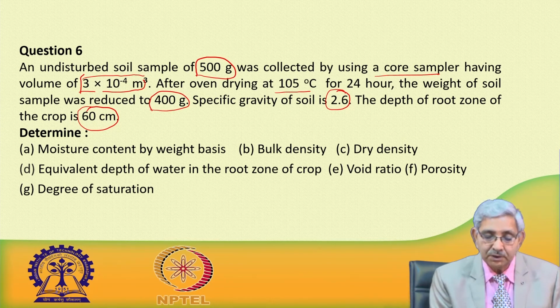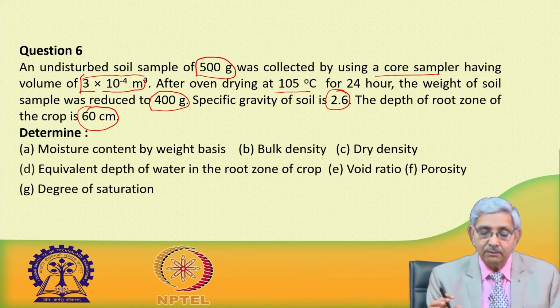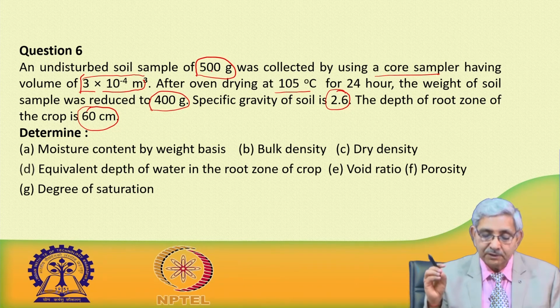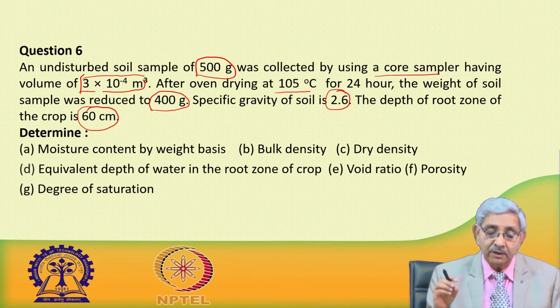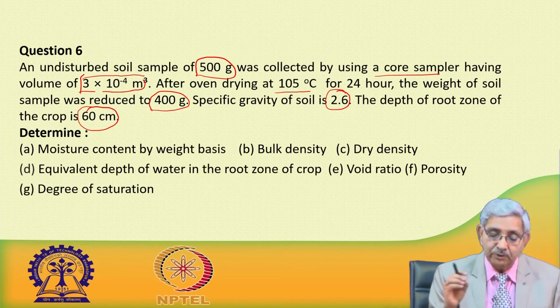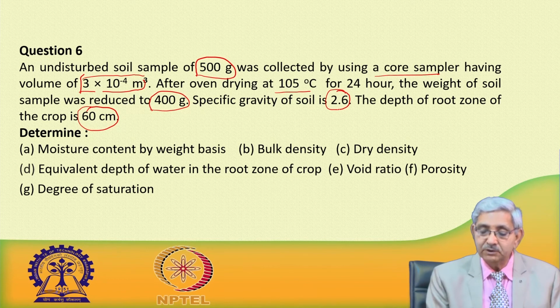Now, in this question we are given the total soil mass, that is 500 gram, then that sample was kept for drying for 24 hours, then its weight is reduced, that is, the dry weight of the soil is 400 gram, and the specific gravity of the soil is 2.6.